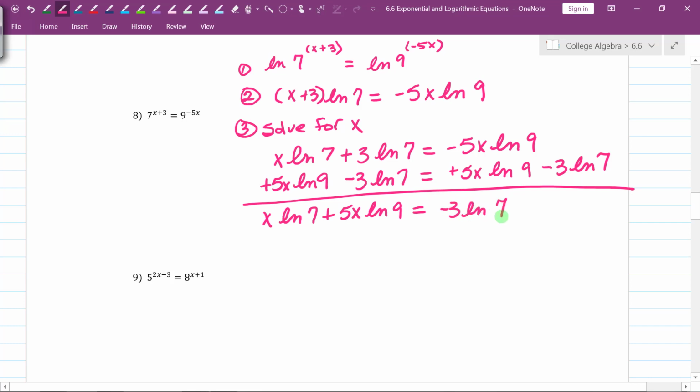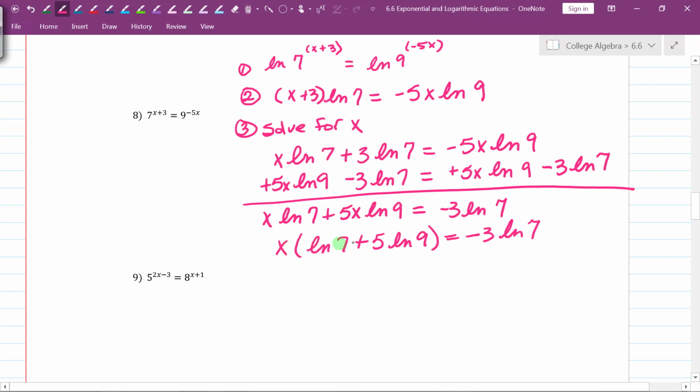Okay, now you can see that we have x on each part here as a common factor. On each side of the plus sign, I have an x and an x, so I can factor that out. So I have x times the natural log of 7 plus 5 natural log of 9, and that's going to equal negative 3 natural log of 7.